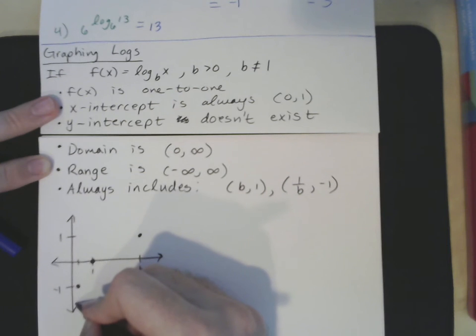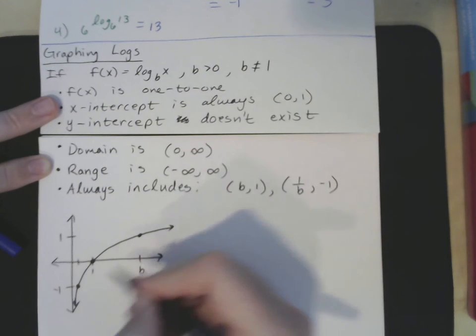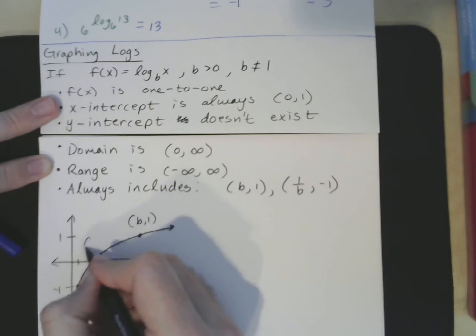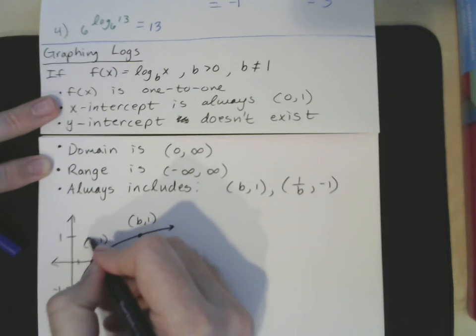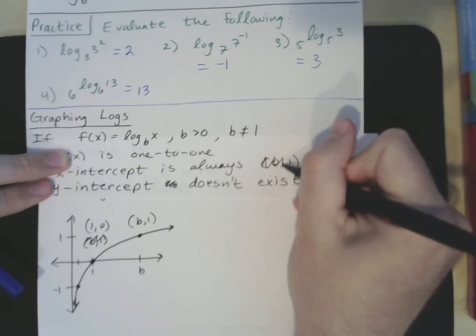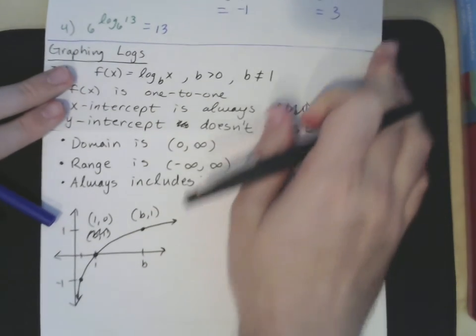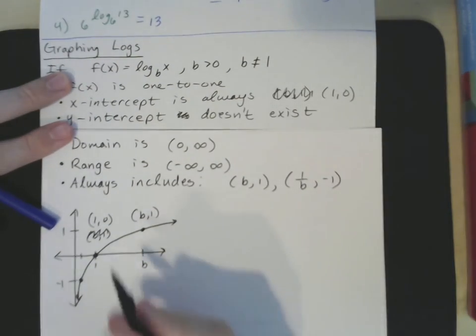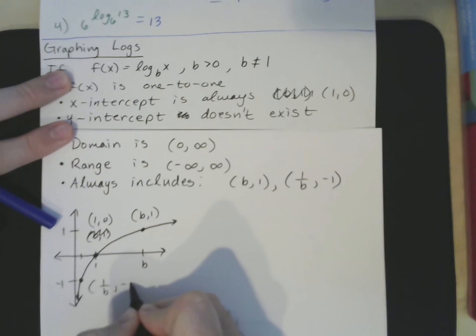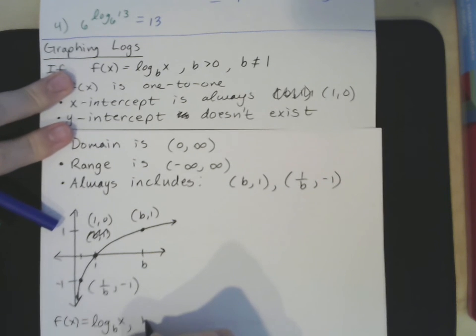And our graph does this. This is (b, 1), and this is (1, 0). I wrote this incorrectly at first. And then this point over here is (1 over b, negative 1). And this is f of x equals log base b of x when b is greater than 1.